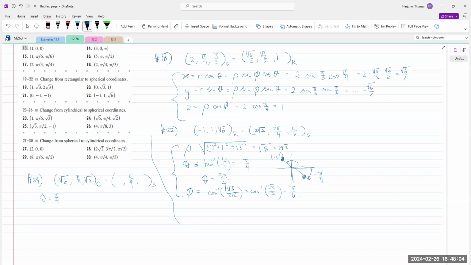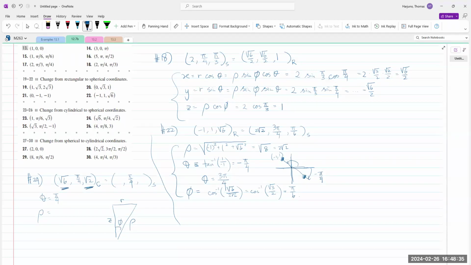How about the rho? Take a look at this picture here. This is the z, this is the r, this is the rho. This is the phi. So if I want to find the rho, I basically need the r and the z.